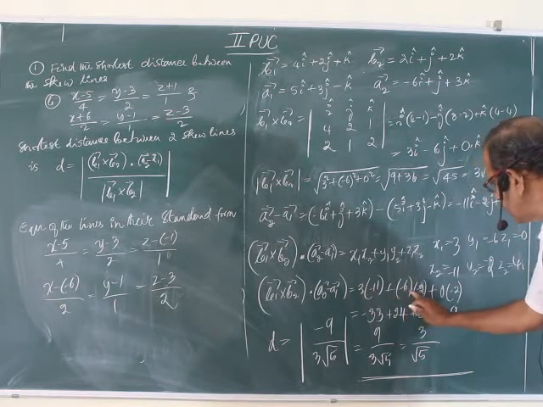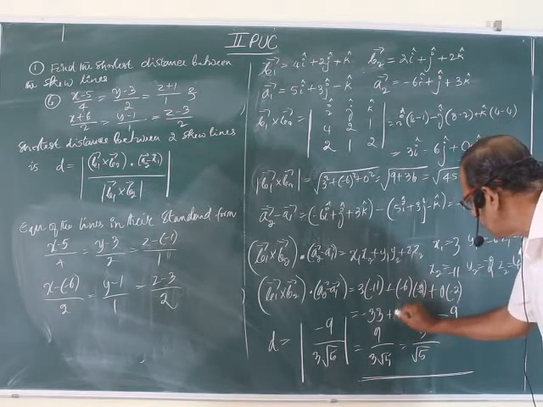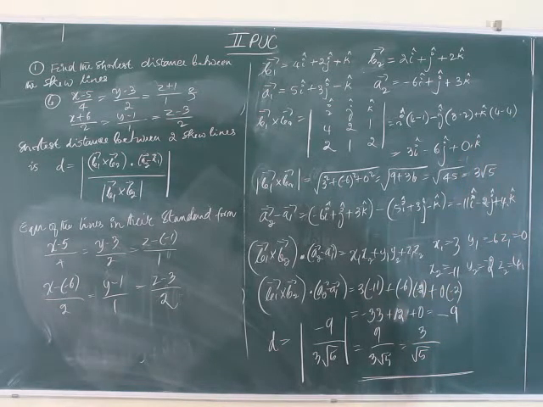Only the thing is, it becomes 12. So minus 33 plus 12 is minus 11, correct, no?